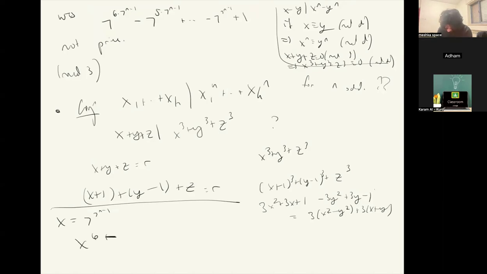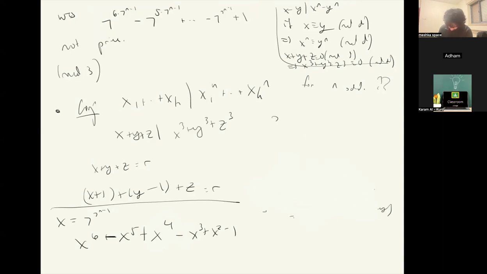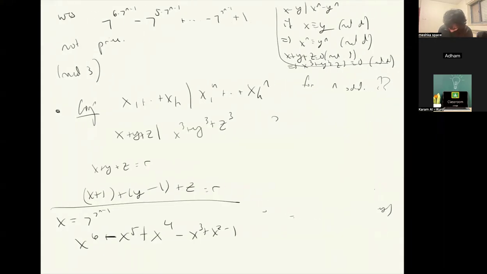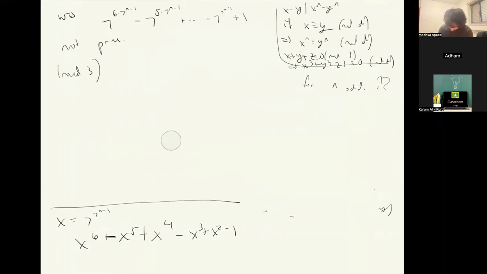We have x to the 6th minus x to the 5th plus x to the 4th minus x cubed plus x squared minus x plus 1. Okay, so I don't know how to... Yeah, in general, this polynomial cannot be factored.